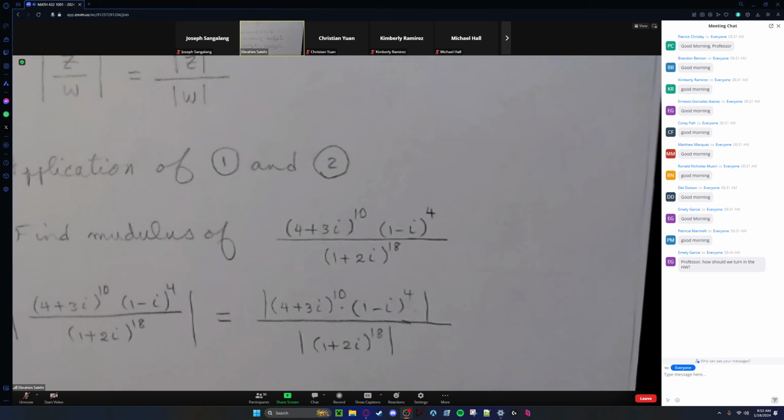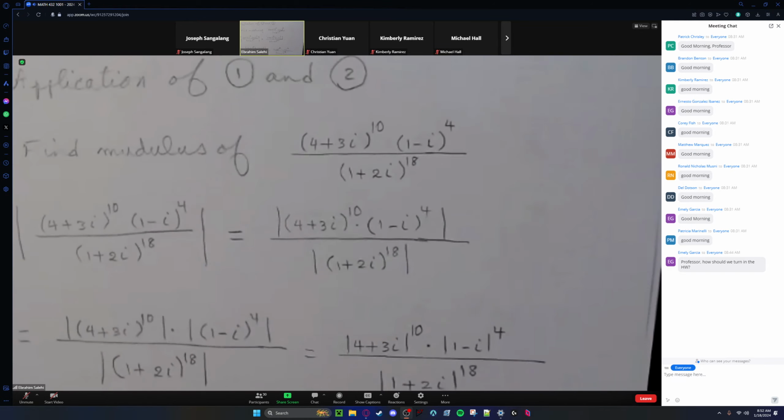Well, you see how simple it is now, because I can just go ahead and find the modulus of 4 plus 3i. And what is the modulus of 4 plus 3i?